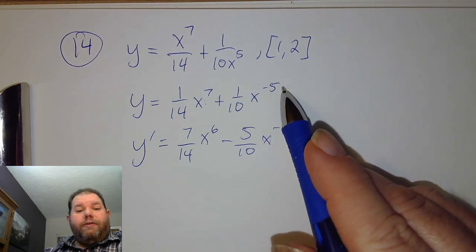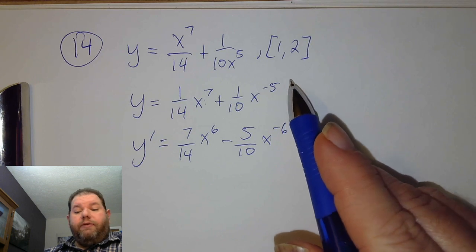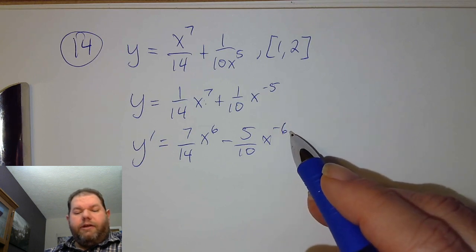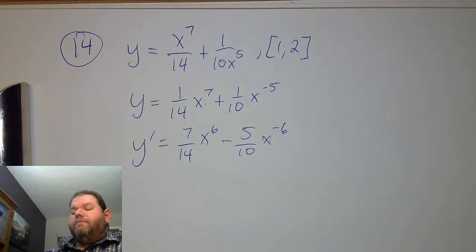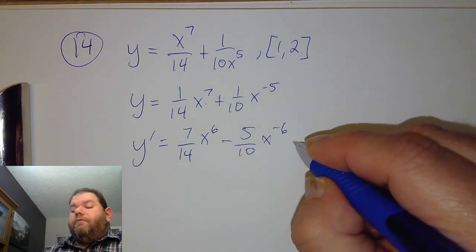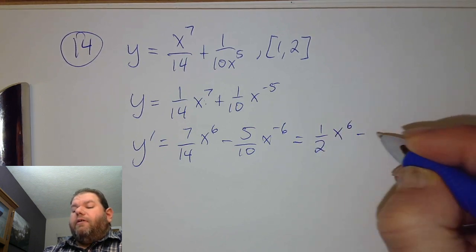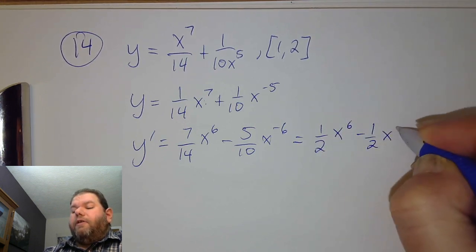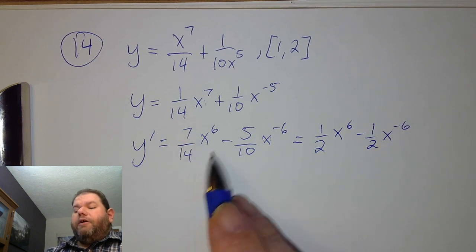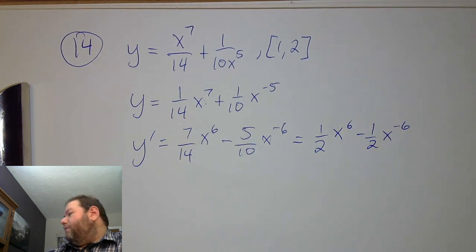Here, it's important that since it's already negative, when we decrease it by 1, it goes further negative. Alright, and so that's actually just 1/2 x to the 6 minus 1/2 x to the -6 if we go ahead and reduce those fractions. So that's y prime.